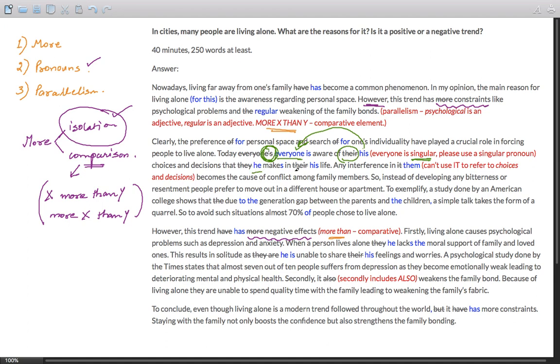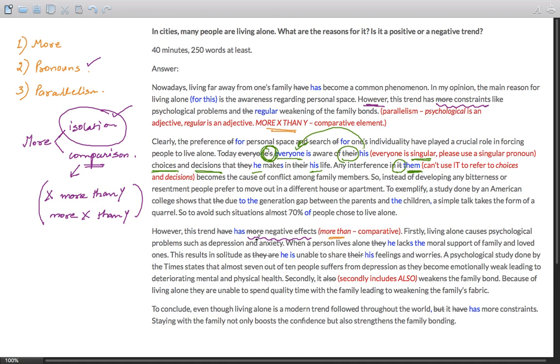And the mistake continues at a number of places. Then the student makes another pronoun mistake. She writes, any interference in it. Now, it seems to refer back to a noun. To which noun is it referring back? If you read carefully, you will realize that it refers back to choices and decisions. Now, choices and decisions are plural, and you cannot use a singular pronoun, it. You must use a plural pronoun.